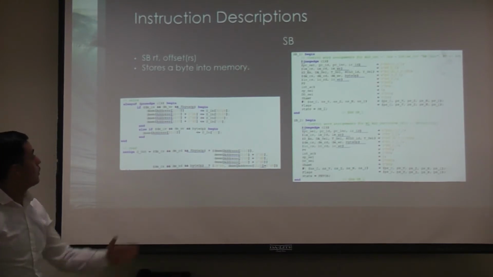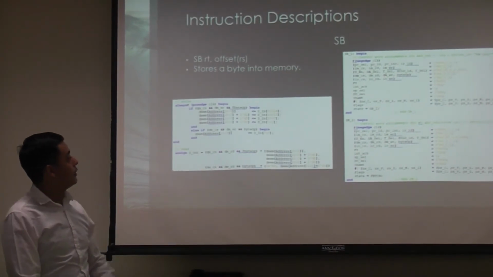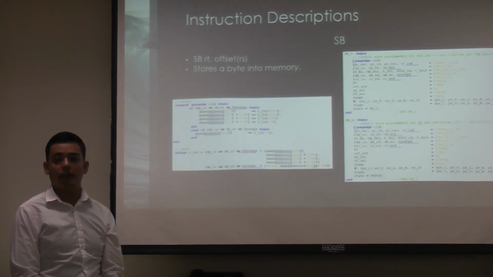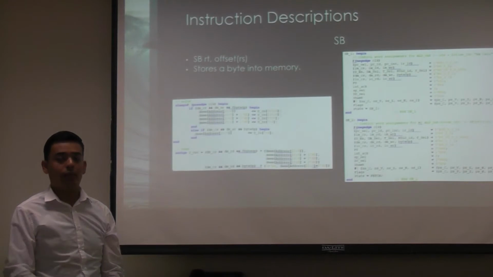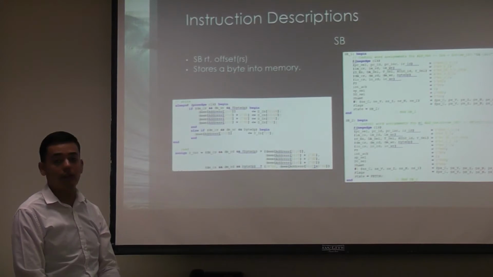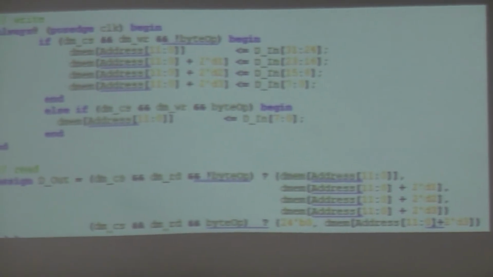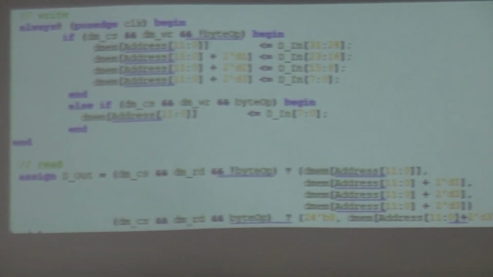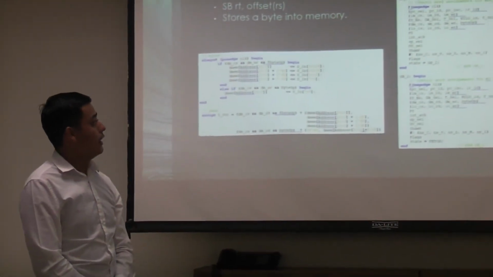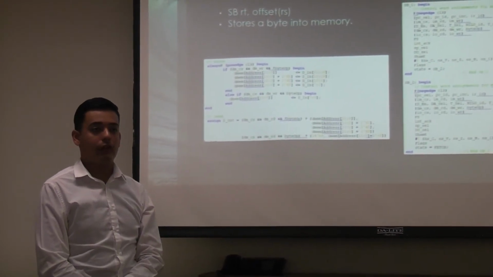And first I will go over what this segment of code does. I know it's a little blurry, but basically we have a new control word called byte op. If it is set, then we know that it's a store byte operation or a load byte operation, and it will check if the chip select is on and the write control word is selected, and if it is, then it will save the least significant byte of the register that's being read, which is RT, into the most significant address location of the address.